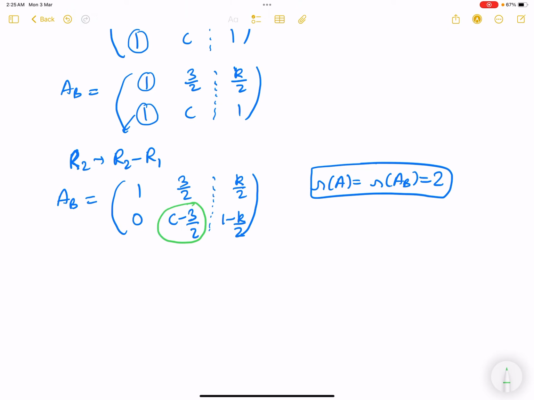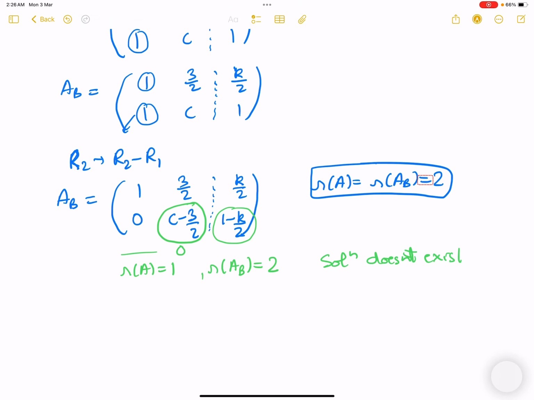If this comes out to be 0, then rank of A in that case would be 1, because the entire row would be 0. But if this doesn't come out to be 0, then rank of A augmented B would be 2. In that case, the solution does not exist.